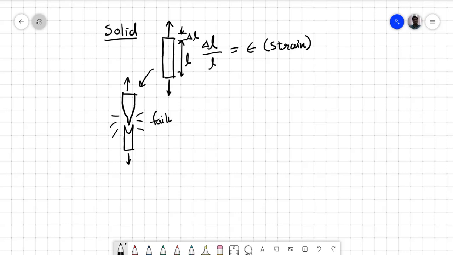Therefore, if there is any shear force acting on a fluid, then there will be continuous deformation.